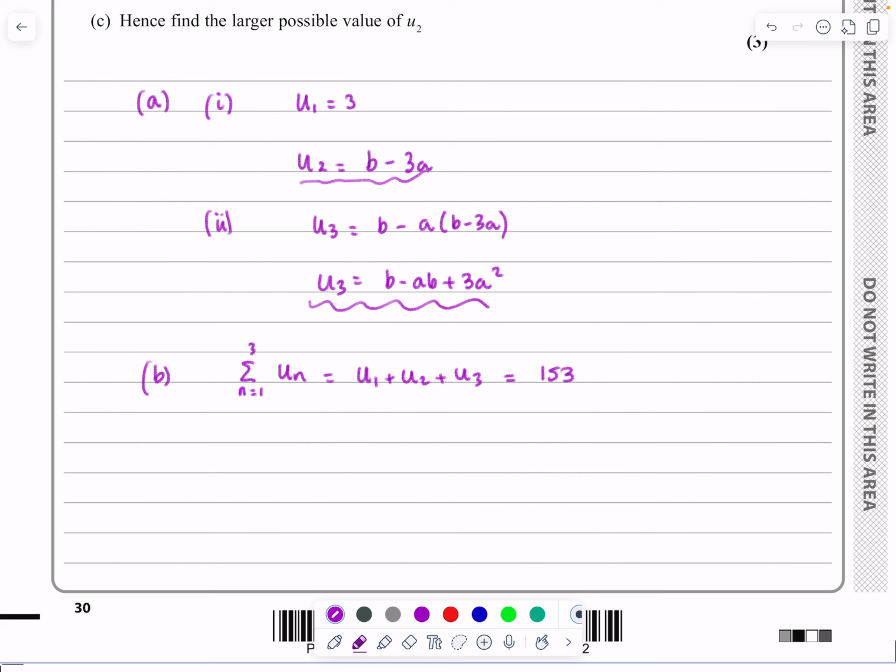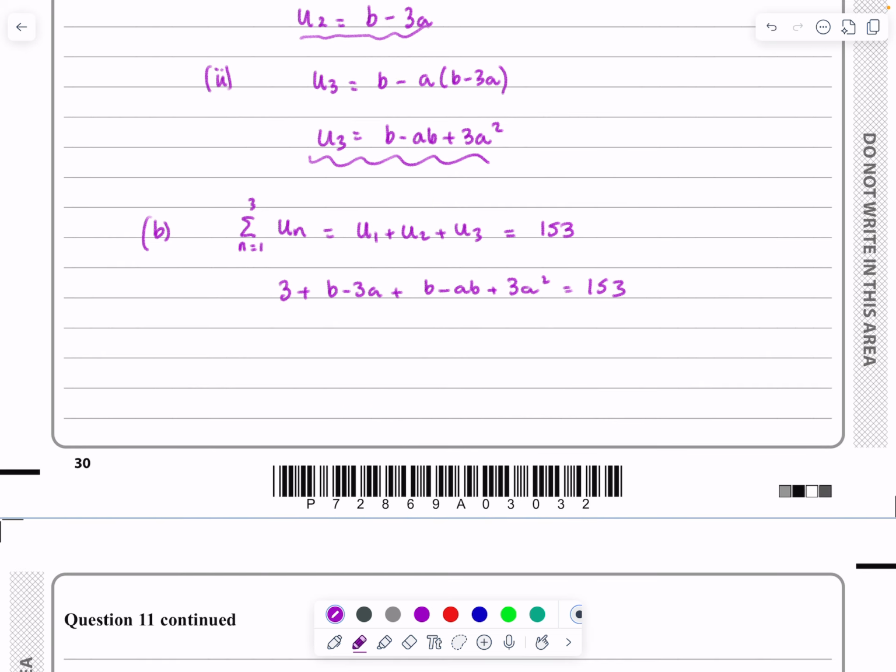Well, we know those three terms from the first part; in fact, I can see them on the screen there. U1 is 3, U2 is B minus 3A, and U3 is B minus AB plus 3A squared. So the sum of all those is equal to 153. If I want my quadratic just in terms of A, I'm going to use the fact that B is equal to A plus 9.